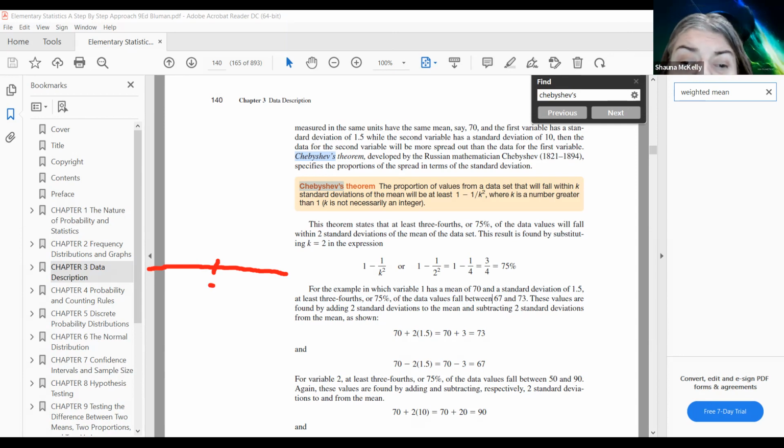So the mean is 70, and the standard deviation is 1.5. So 70 is my mean right here, and I'm moving 1 standard deviation to the right. The standard deviation for this example is 1.5, so 70 plus 1.5 is 71.5.